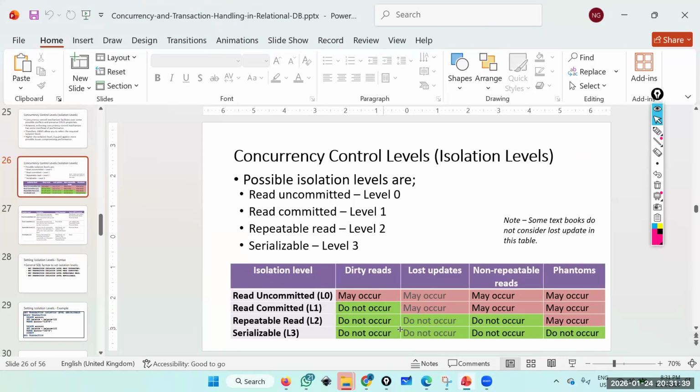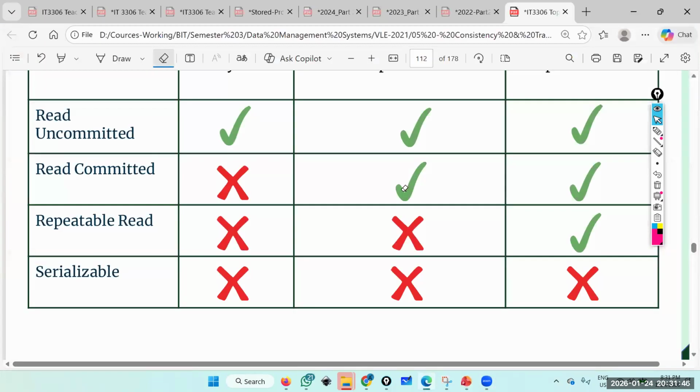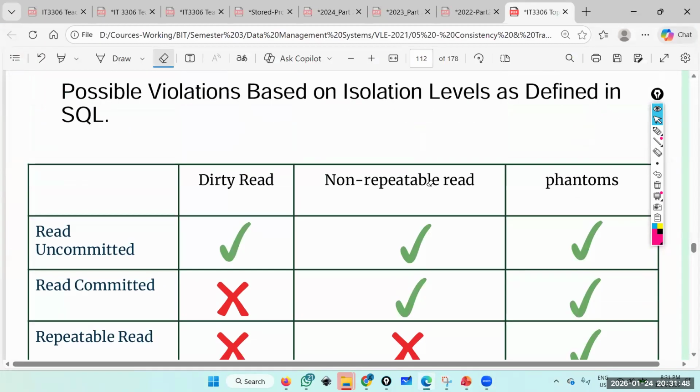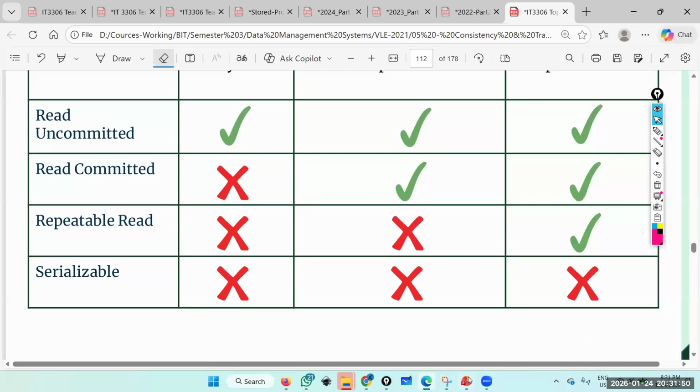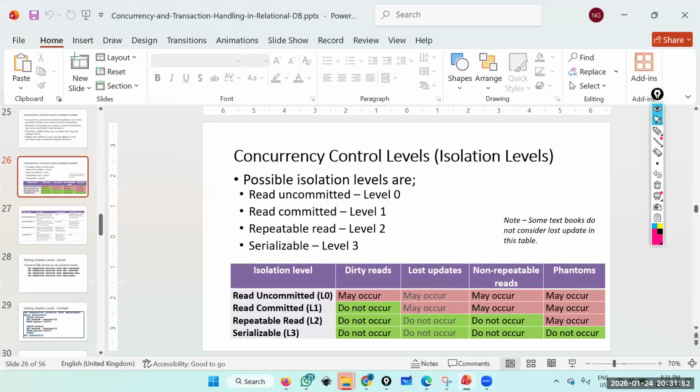Read committed, lost update, non-repeatable read, phantom, those things can happen. Your UCSC note has only taken dirty reads and non-repeatable reads. Your UCSC note has not considered lost update.